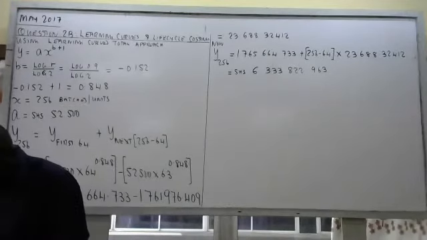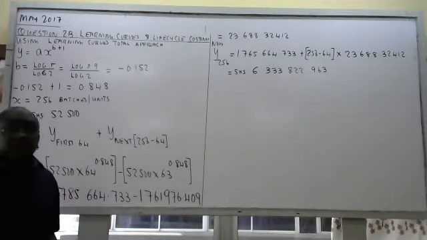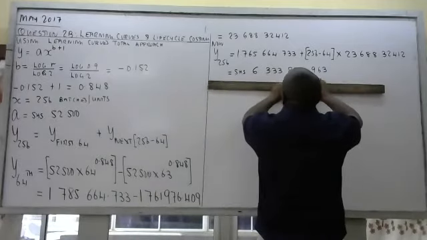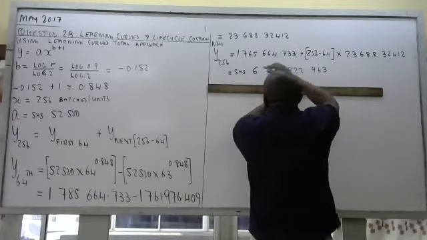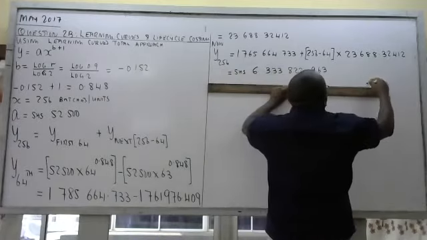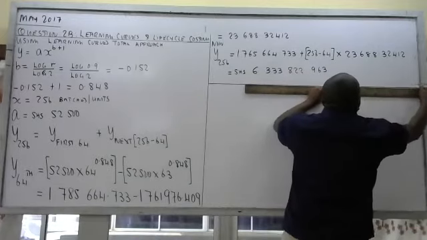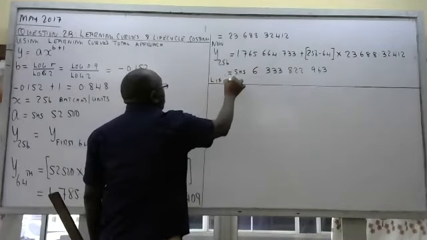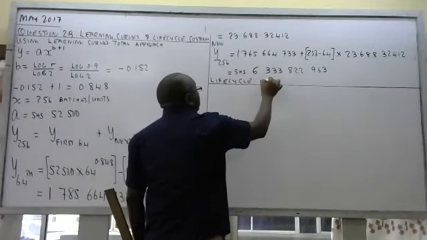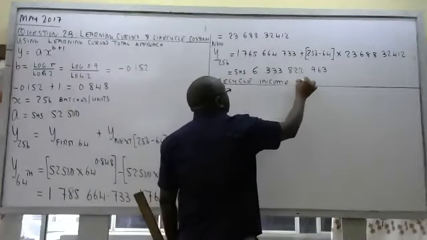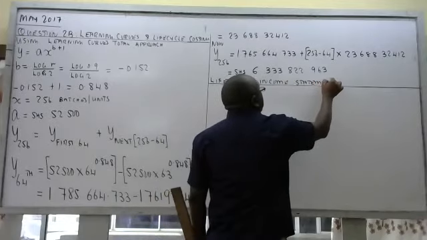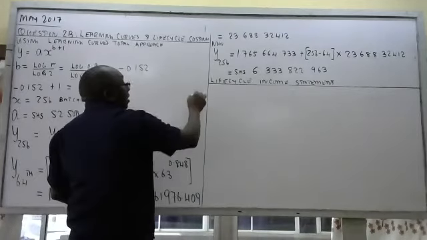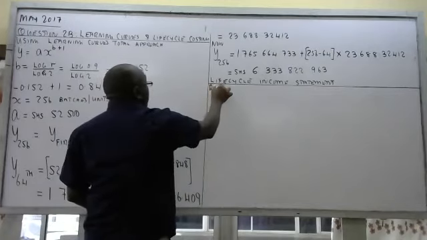So with that, to get the expected profit, the life cycle income statement, we will begin with revenue.